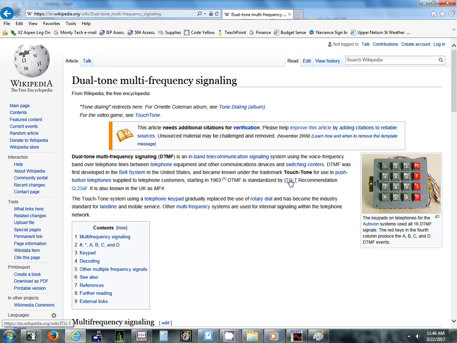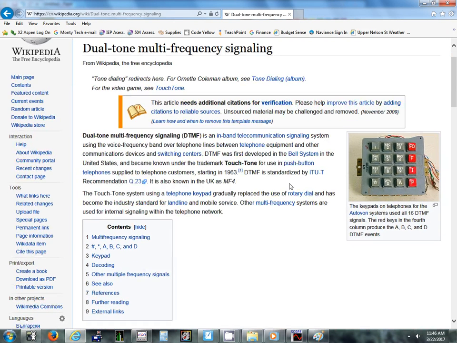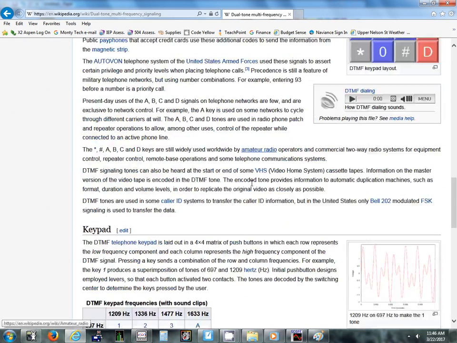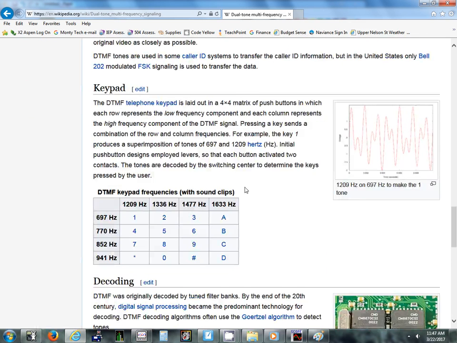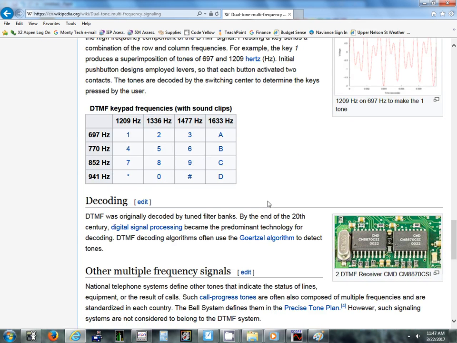Dual tone multi-frequency signaling, that's exactly how a phone works. Kind of an older phone that's on the wall or the cell phone you have right now. They all use dual tone multi-frequency signaling. So what that means is it's dual tone, two tones played at the same time to generate a sound.